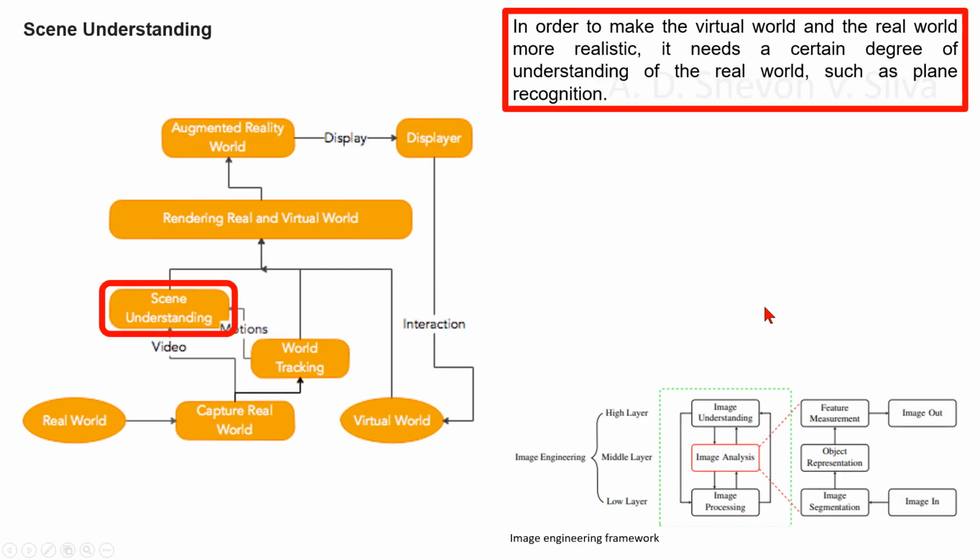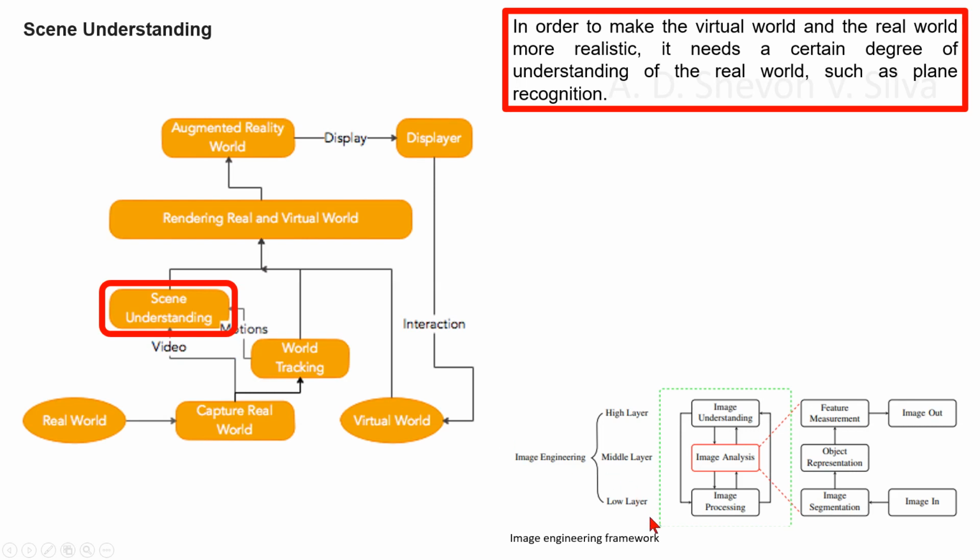Now we are focusing on scene understanding. In order to make the virtual world and the real world more realistic, it needs a certain degree of understanding of the real world, such as plane recognition.